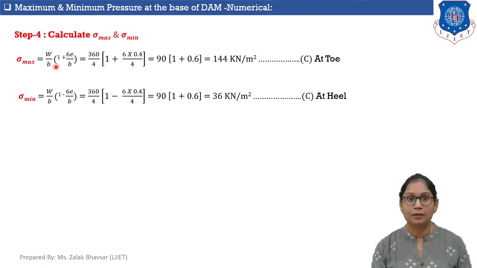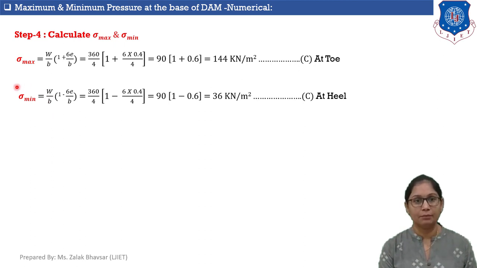Width of the base, meaning bottom width of the dam, is 4 meter, into 1 plus 6 into E. Eccentricity we calculated as 0.4 and again B is 4 meter. So I am getting sigma maximum is equal to 144 kilonewton per meter square. Again I am getting a positive value, which means sigma maximum is compressive stress at the toe.